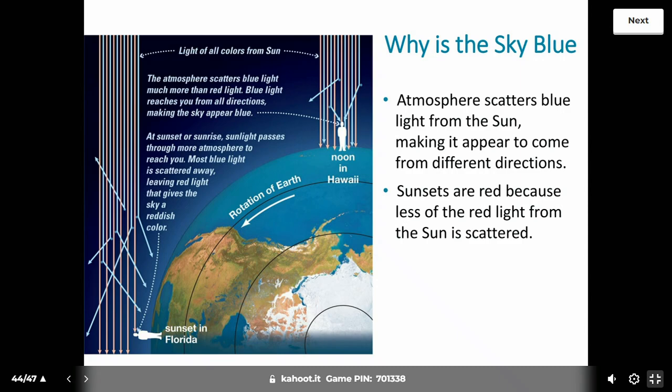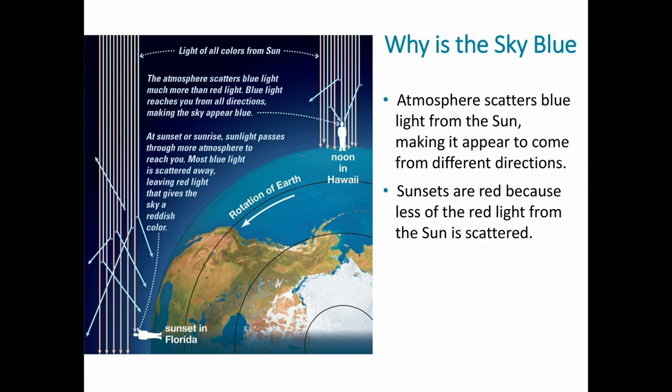Okay, so another consequence of Earth's atmosphere is why we see a blue sky during the day. So we said that the visible wavelength light will pass through the atmosphere, but there are different wavelengths of light that make up the visible spectrum.